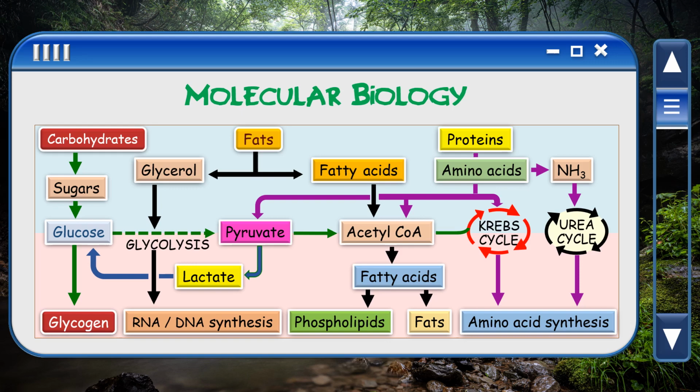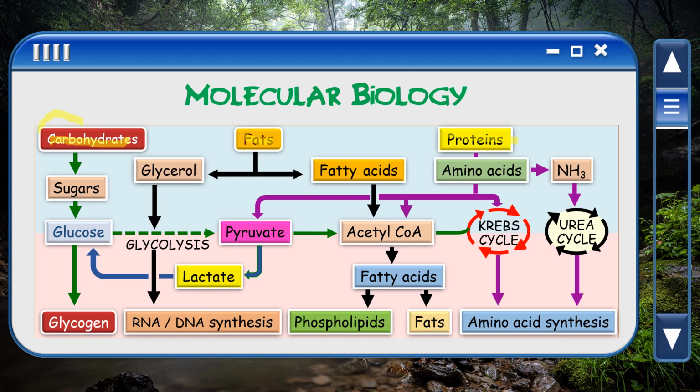For example, we have our chemical substances here. We have the carbohydrates, we have the fats, and we have the proteins. So these are the biological molecules.